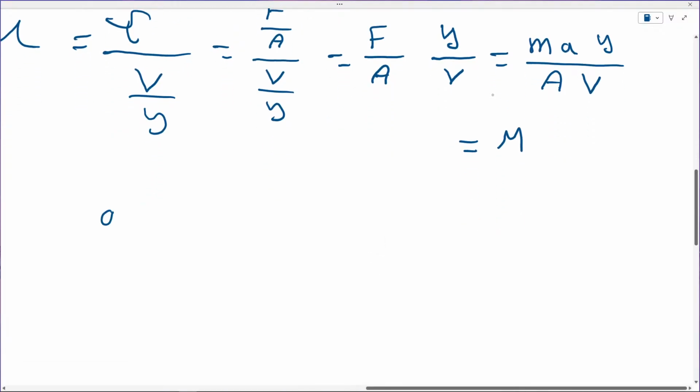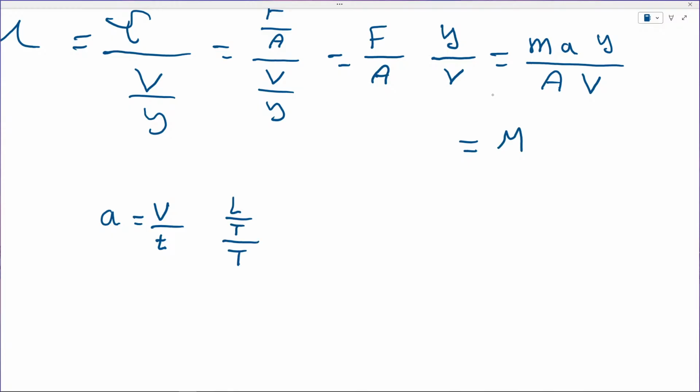Acceleration is velocity over time. And the dimension of velocity is L over T, divided by T. From algebra, you can bring this here, so that would be L over T squared.